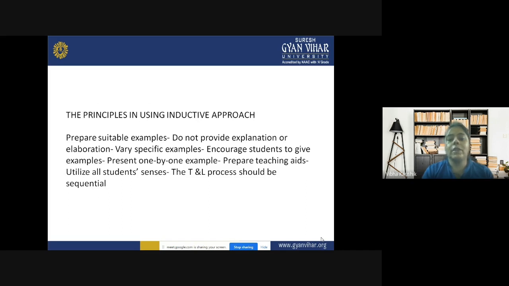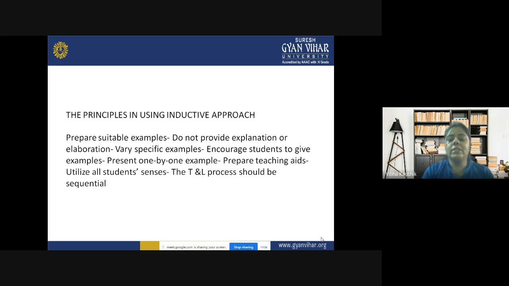Very specific examples. Encourage students to give examples. After the examples are presented before the students by the teacher, then the teacher should encourage the students to give some examples related to the topic. Present one by one, the students have to present one by one examples in front of the teacher.